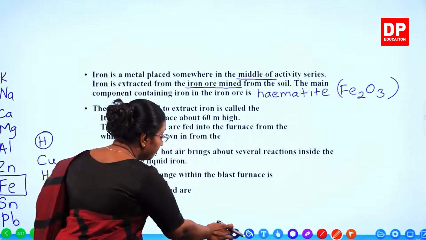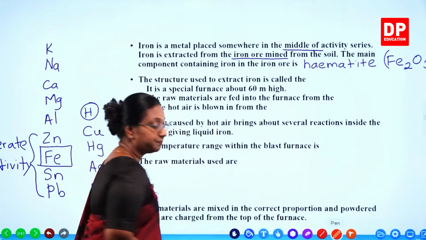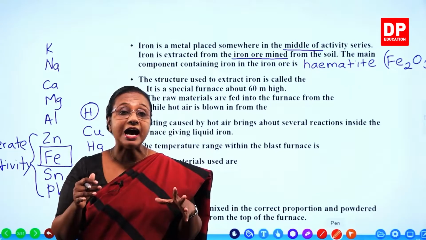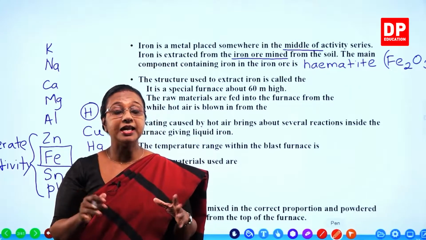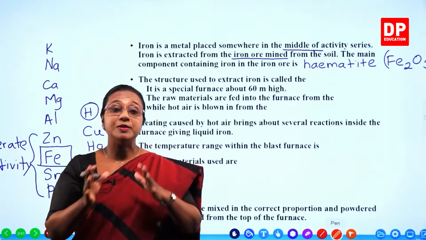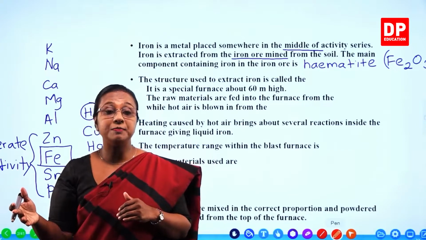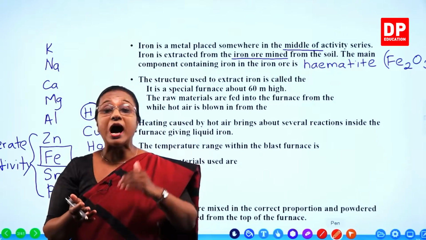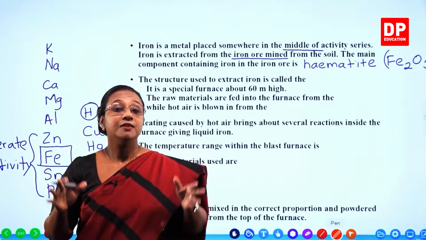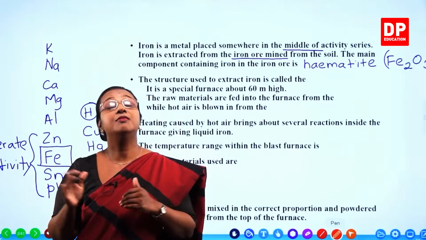So then, we use this hematite to extract iron. Now this ore is taken from the soil, and it is not only hematite, there are other impurities also present. So the iron containing compound has to be separated from impurities, and also iron has to be extracted. Now to do this, we use a particular structure that is known as the blast furnace.